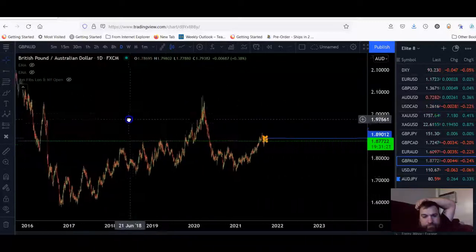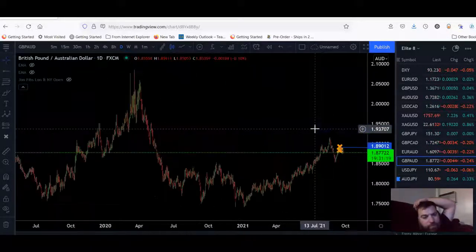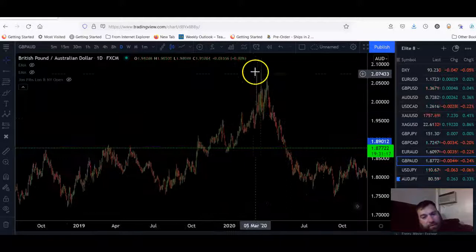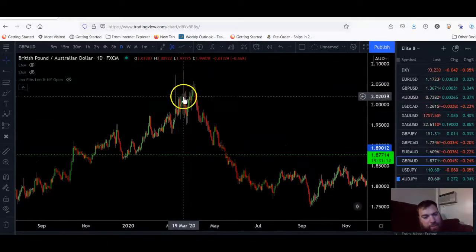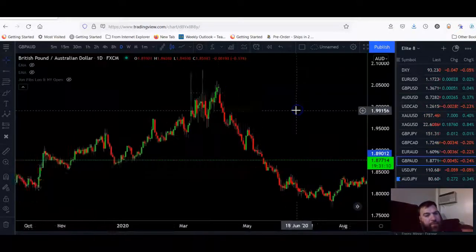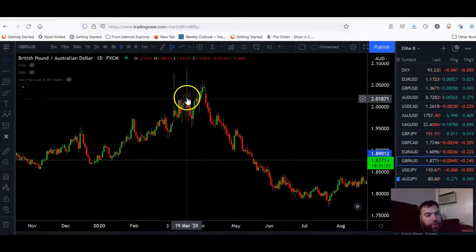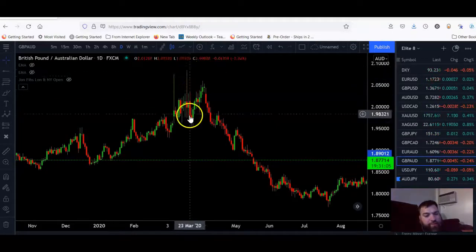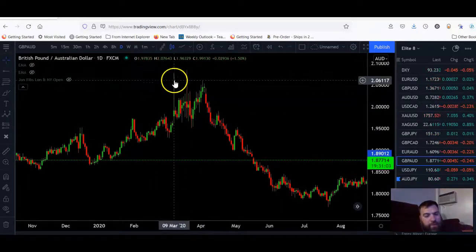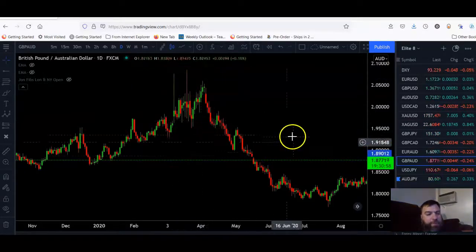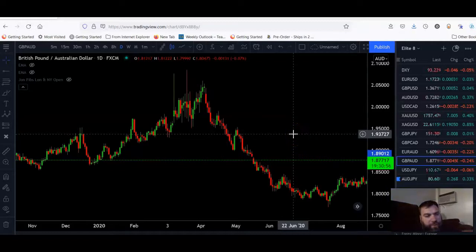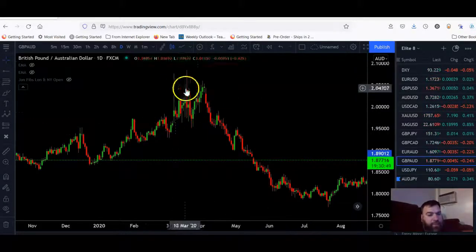So all this on the daily, all this movement right here, was last March, during coronavirus, when the economy in China was collapsing and everything was shut down. Australia does a lot of trade with China, so their dollar is kind of tied to China's economy. So you get these big wicks right here.